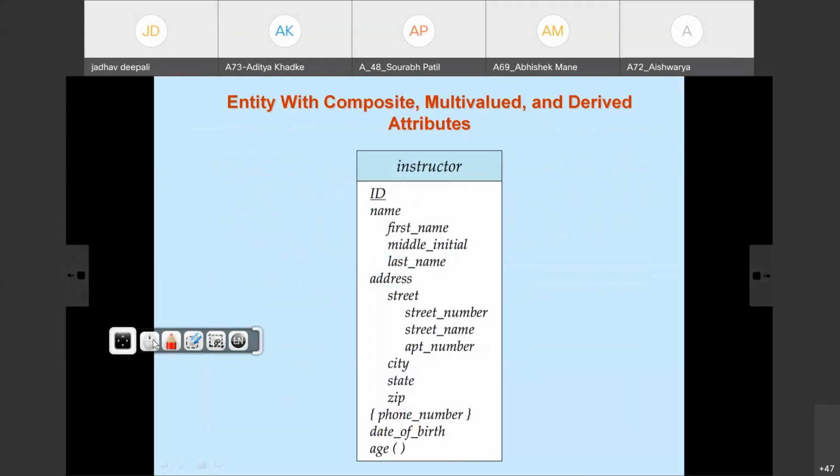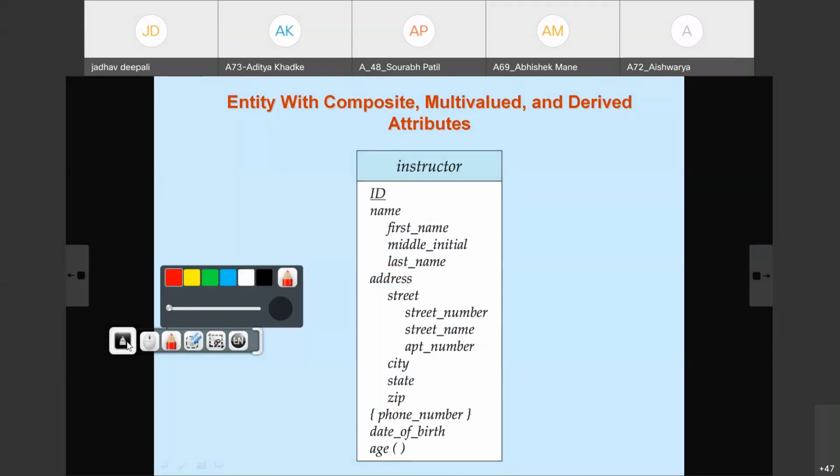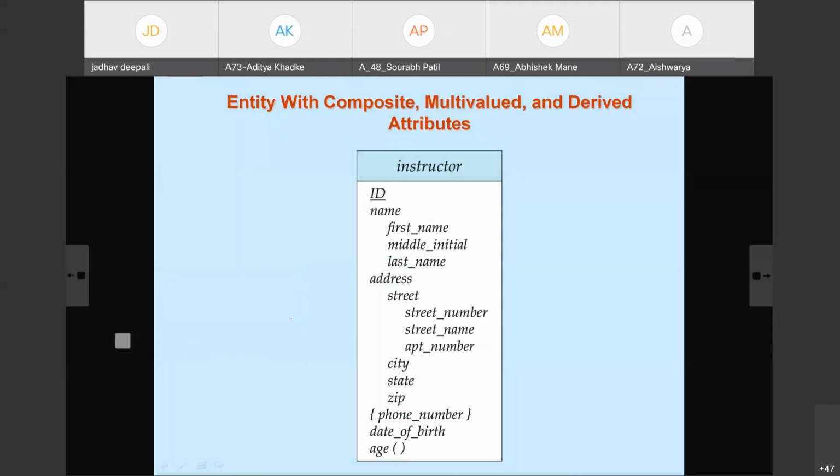Now the next one: how to represent the composite attribute and its components, derived attribute and multivalued attribute in the ER diagram. Here the instructor entity set is given with multiple attributes.